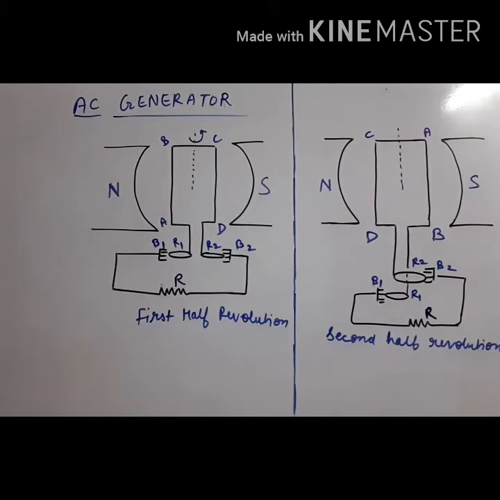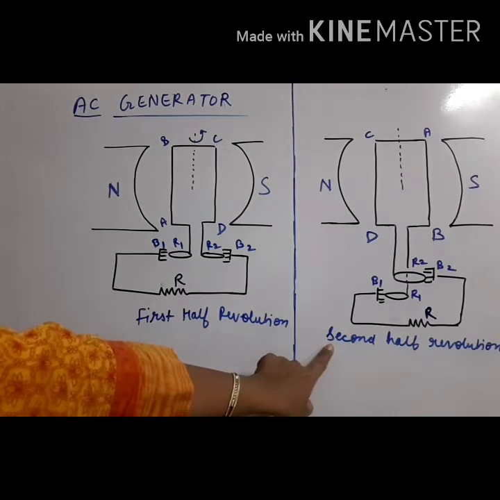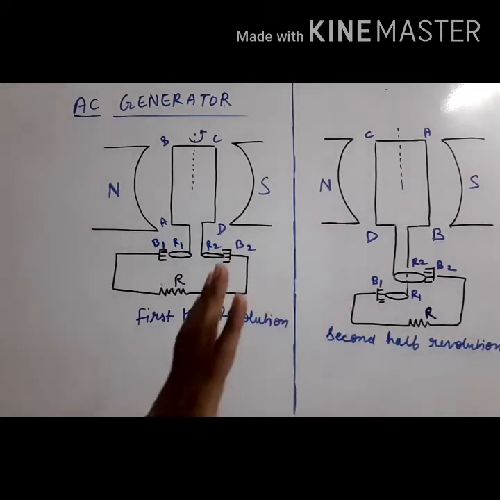Okay students, now you can see that here two diagrams are drawn of AC generator. Actually the infrastructure is the same in both the diagrams. Just to show the current direction for the first half revolution and for the second half revolution of the coil, we have drawn two diagrams here.